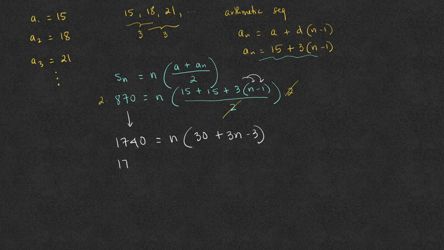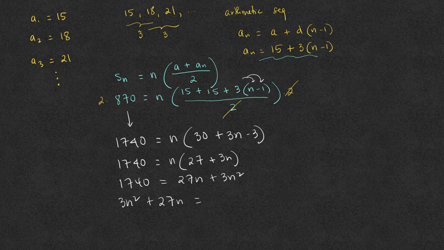Simplifying this further, we have 1740 equals n times 27 plus 3n. And so this is 1740 equals 27n plus 3n squared. We recognize that this is a quadratic equation, and so we would zero this out: 3n squared plus 27n minus 1740 equals 0.